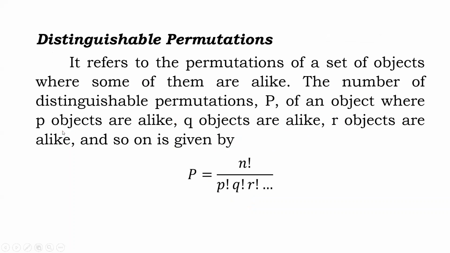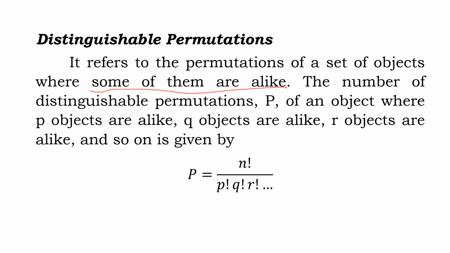Next. Okay. We have what we call distinguishable permutations. It says here that it refers to the permutations of a set of objects where some of them are alike. Take note, some of them. This is the clue word here. Some of them are alike. Meaning, there are objects that are the same.